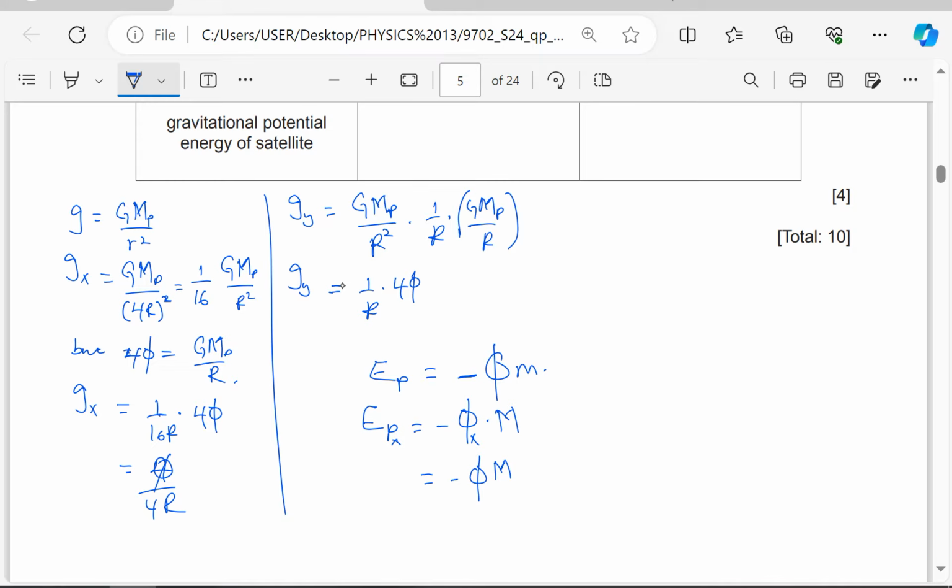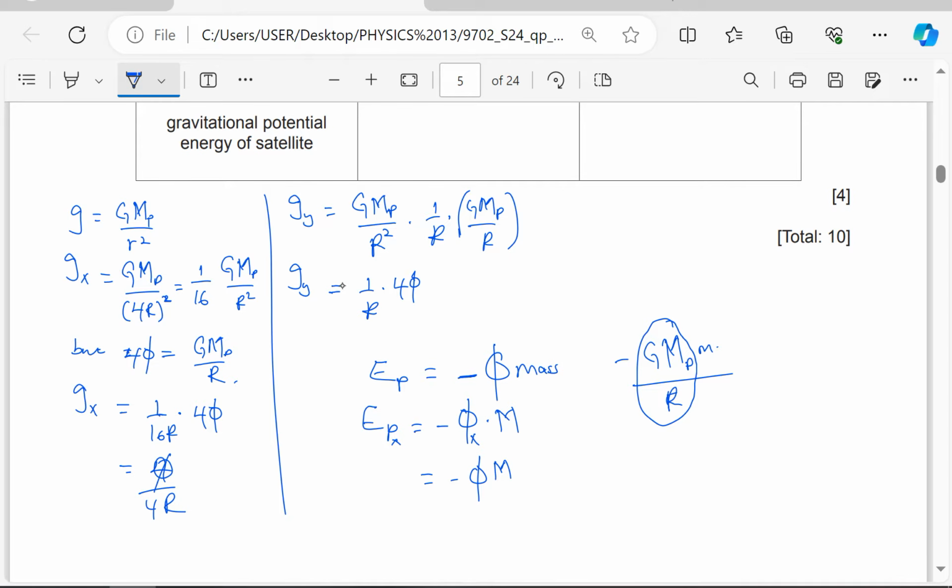Or you can use negative capital G, the mass of the planet times the small mass of the satellite, divided by R. But remember, we have already seen this to be 4 phi.